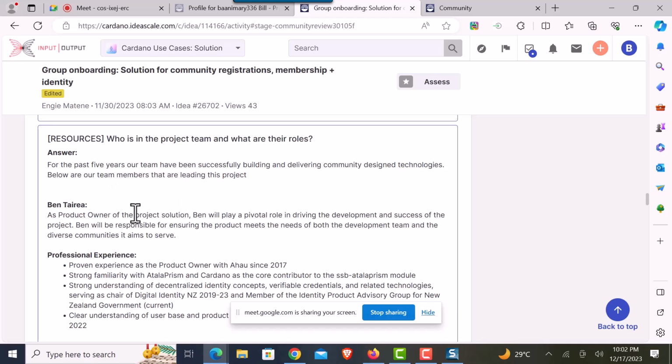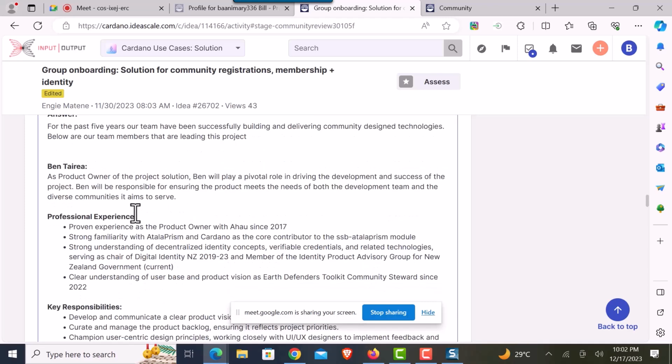So he's saying Ben something. As product owner of the project solution, Ben will play a pivotal role in driving the development and success of the project. Yes, so Ben will be responsible for ensuring the product meets the needs of both the development team and the diverse communities it aims to serve.